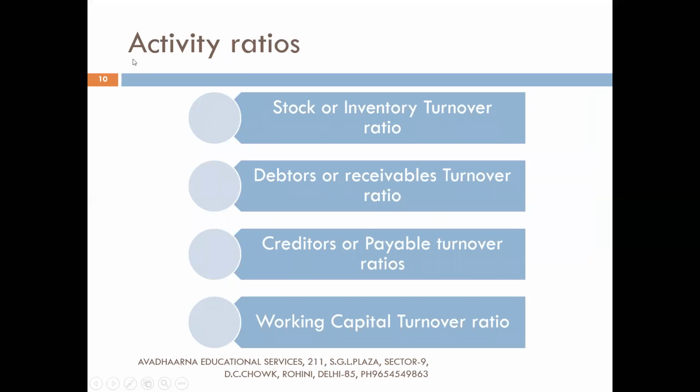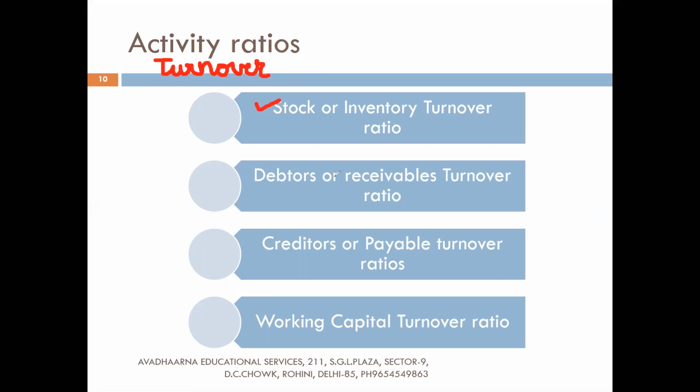Then the third type of ratio is activity ratio, and activity ratio is also known as your turnover ratio. So the first turnover ratio which we learn will be stock or inventory turnover ratio.